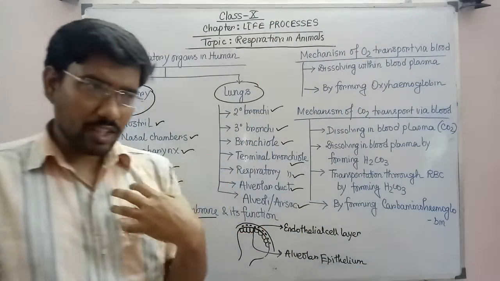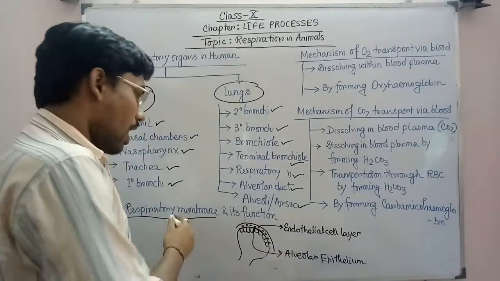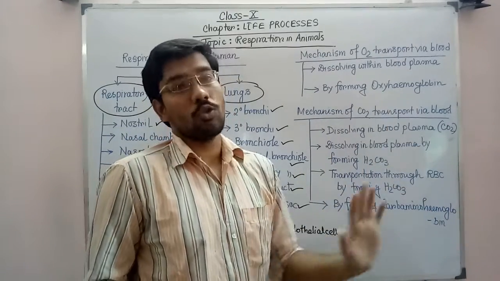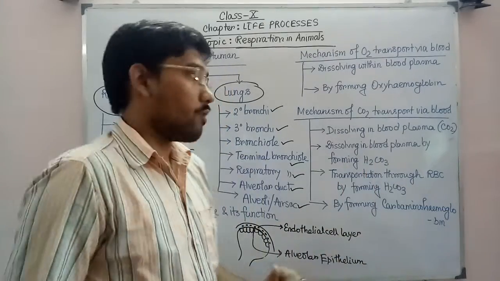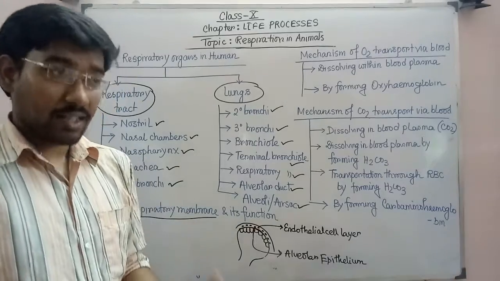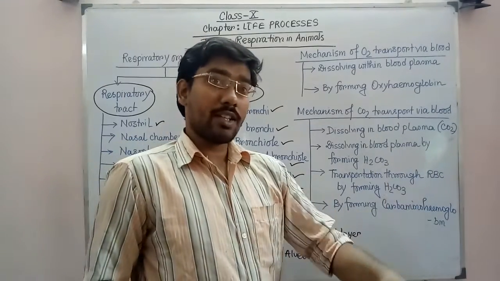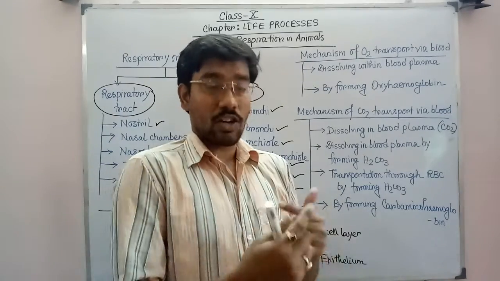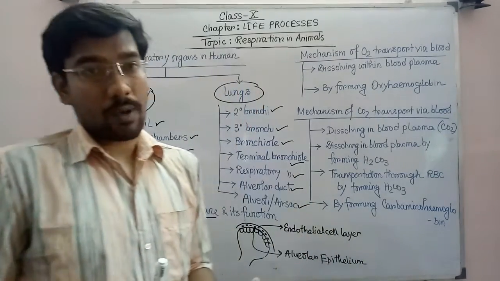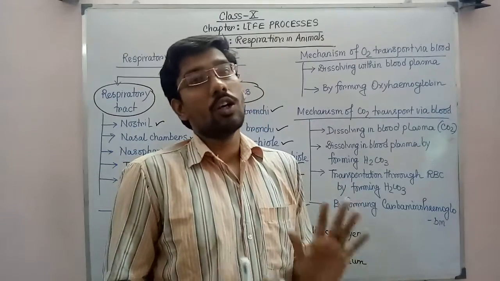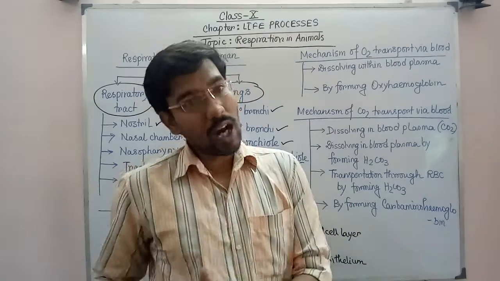So carbon dioxide can return to the respiratory membrane of the lung by dissolving in the blood plasma, in the form of CO2. Second, dissolving in blood plasma by forming H2CO3. Here CO2 is dissolved in the blood plasma, but it reacts with water present in the blood plasma, forming H2CO3, which is then transported through blood plasma to the lung.